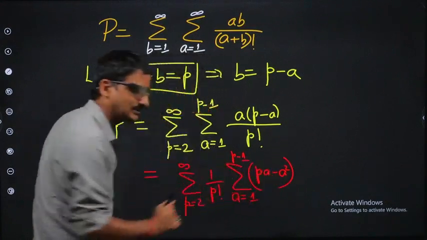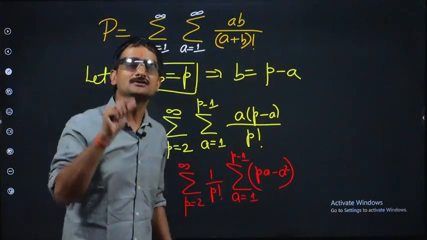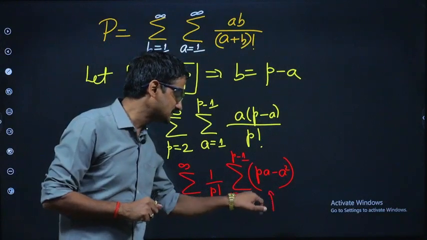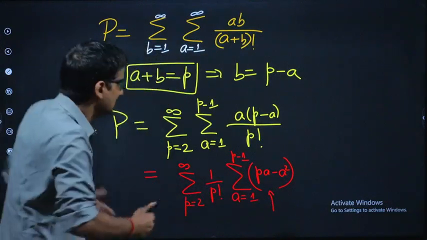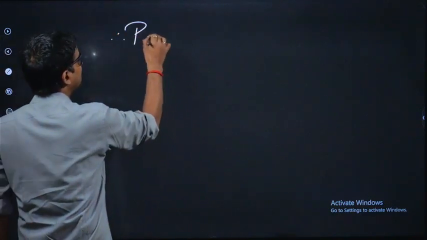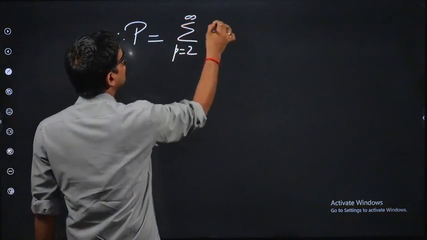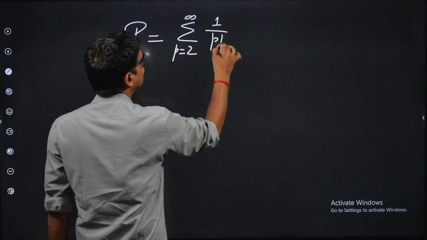Here the variable for this summation is a, and p is a constant for this first summation. So I will write summation p from 2 to infinity of 1 upon p factorial.